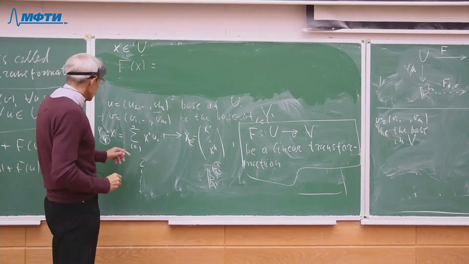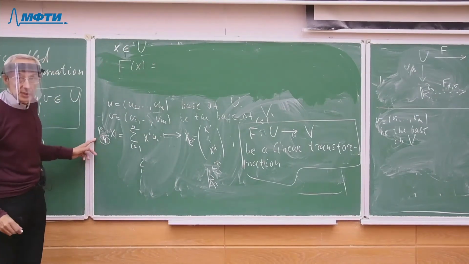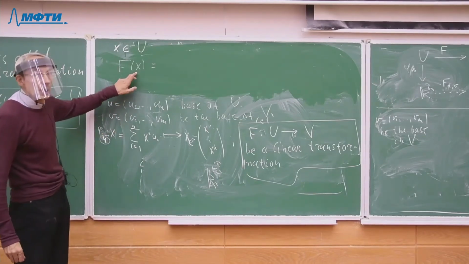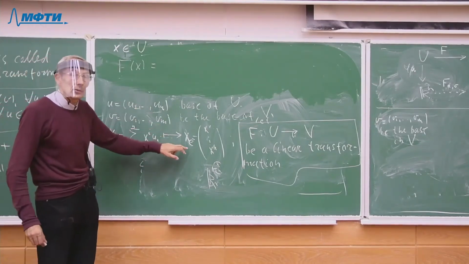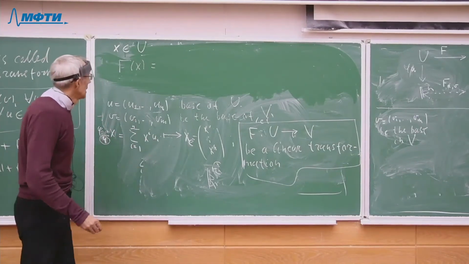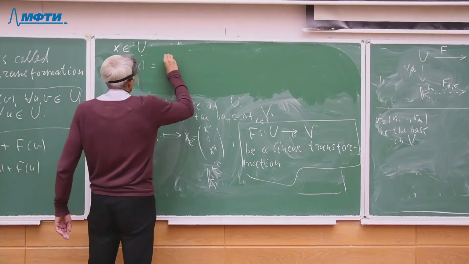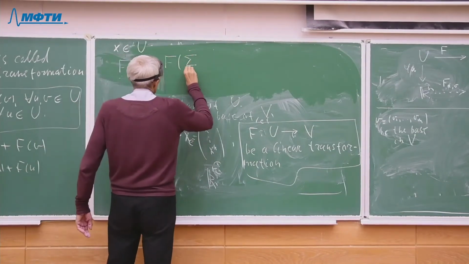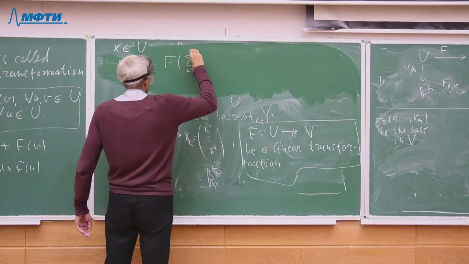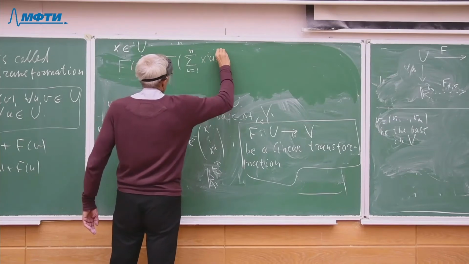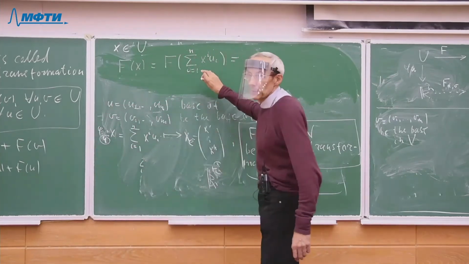We can use this coordinate mapping and decompose our vector in terms of the vectors of the basis E, and we obtain the following decomposition. That is the first step.